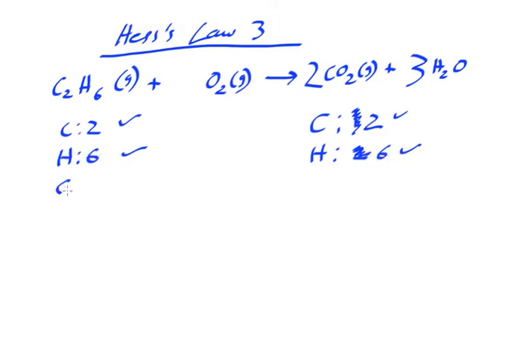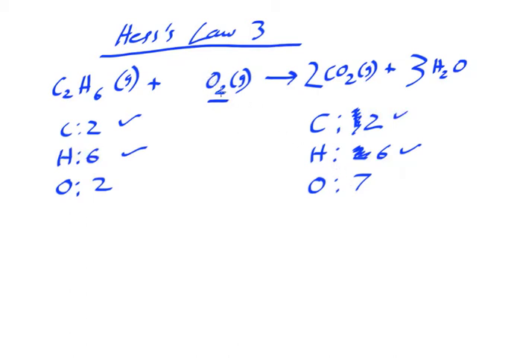I'm going to balance the last thing by handling the oxygen. So on this left hand side I've got 2, and here it's a bit more complicated. I've got 2 times 2, so 4 there, plus 3 oxygens on this side, so 4 plus 3 is 7. So I need to fix this, and what am I going to multiply this by in order to get 7?